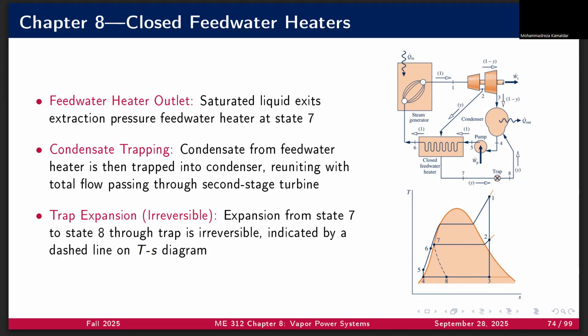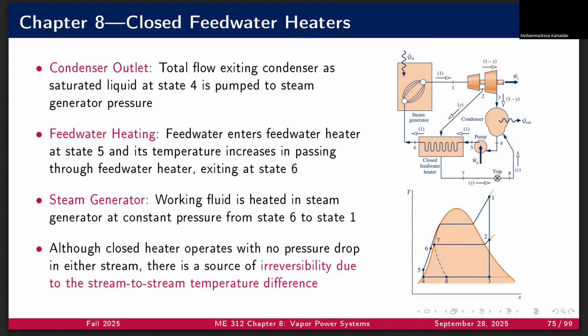So this trap draining mechanism is key to efficiently returning the extracted steam's energy and mass back to the condenser inlet, ready for the main pump. Okay, this is the main pump. Now let's complete the loop for this regenerative Rankine cycle.